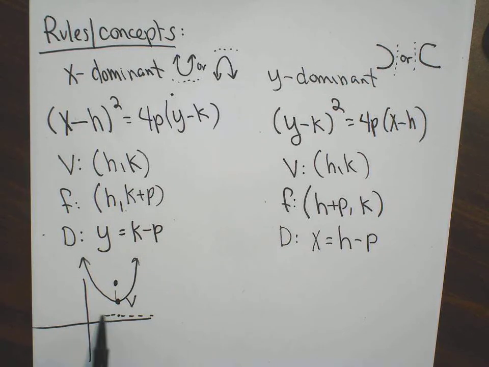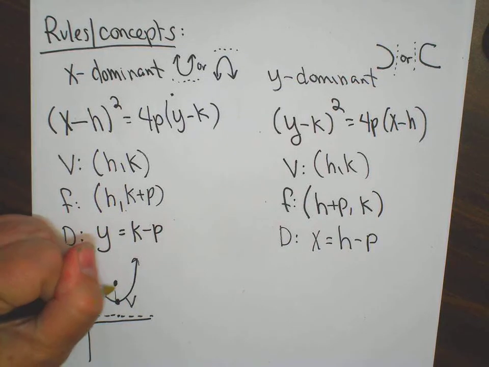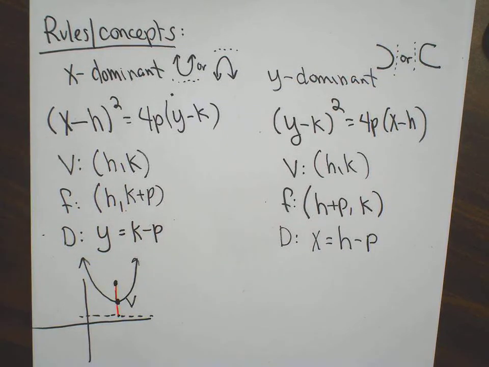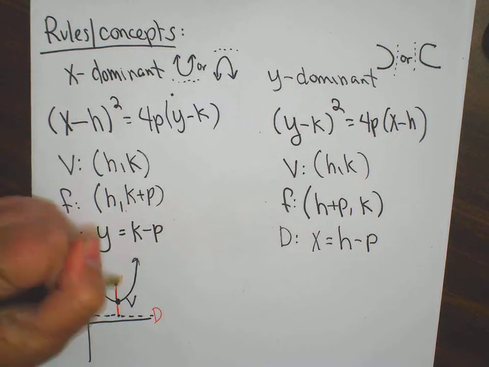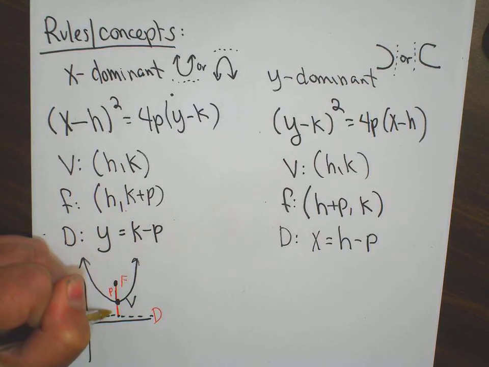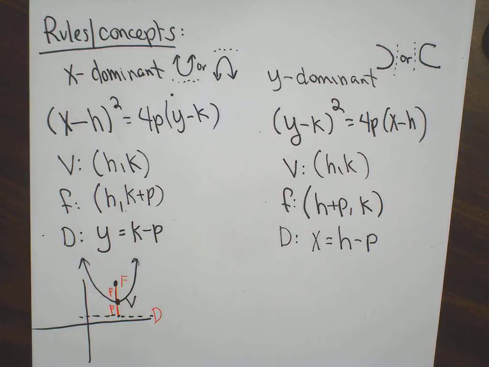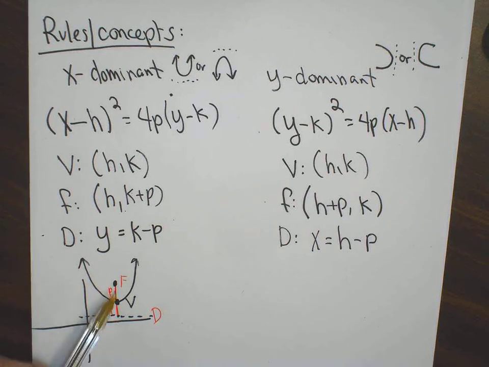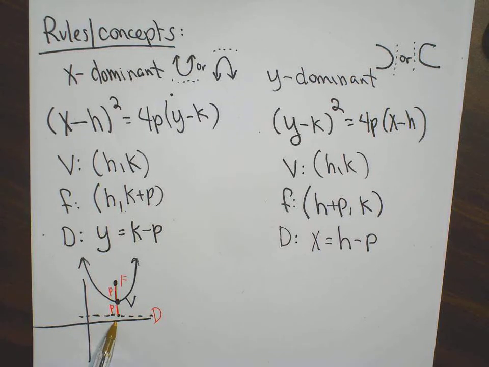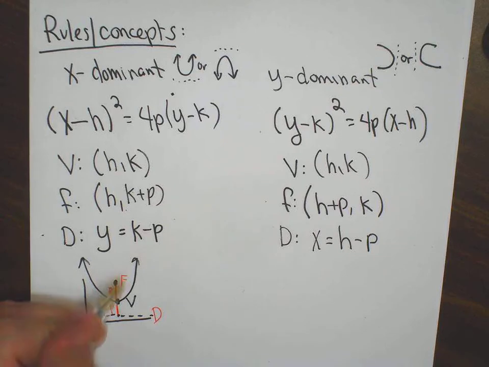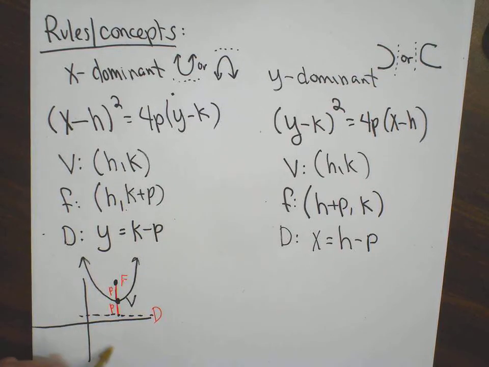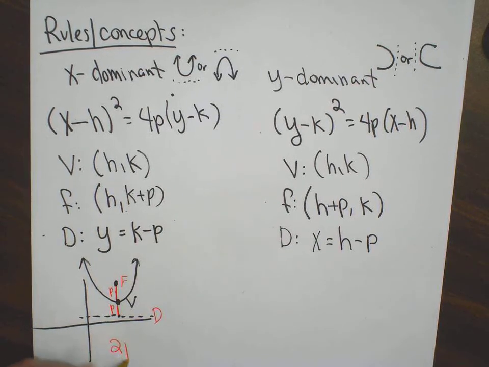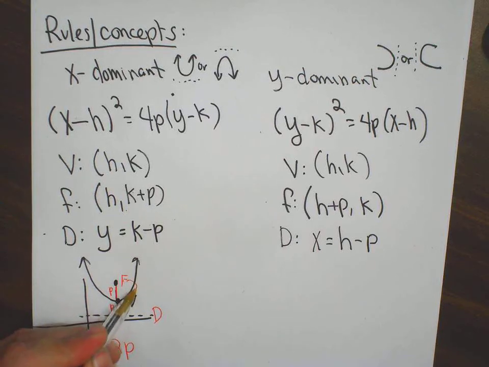And these are each a length of what? So this is a length p, and this is a length p. So what is the total distance between focus and directrix? 2p.